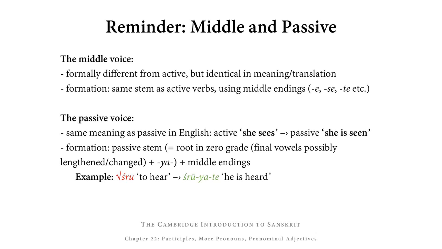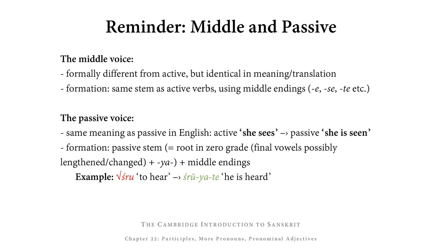And so we get a contrast of, for example, vadati, meaning he, she, or it says, as opposed to bhashate, also meaning he, she, or it says, but while vadati with the ending third singular ti is active, bhashate with the ending third singular te is middle.